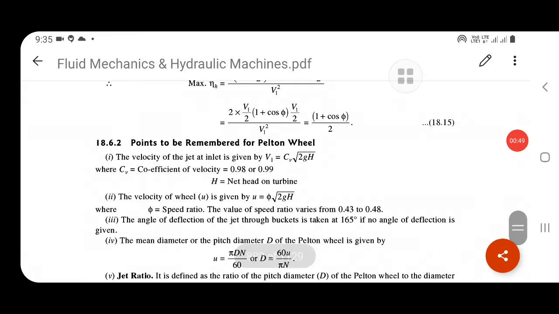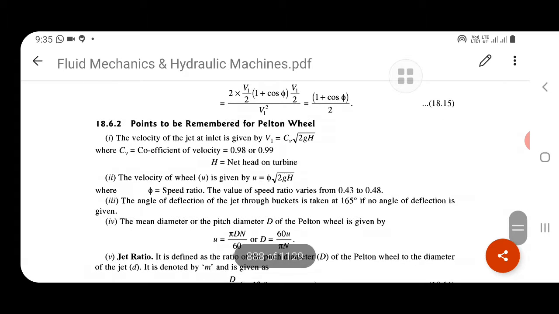Firstly, the velocity of jet at inlet V1 is equal to Cv under root 2gH, where Cv is the coefficient of velocity, 0.98 to 0.99, and H is the net head. The bucket velocity u is given by phi under root gH. The speed ratio varies from 0.43 to 0.48. The angle of deflection of jet through the bucket is taken as 165 degrees.